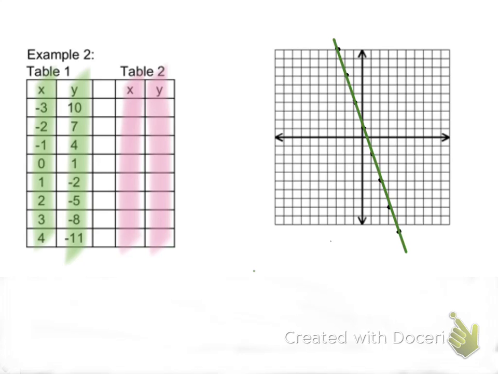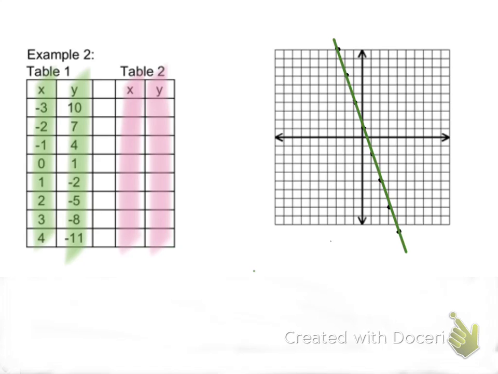Now we're going to swap the points, just like we did in that graph on the top. So we have now 10. I don't want it in green though. I want it in black.